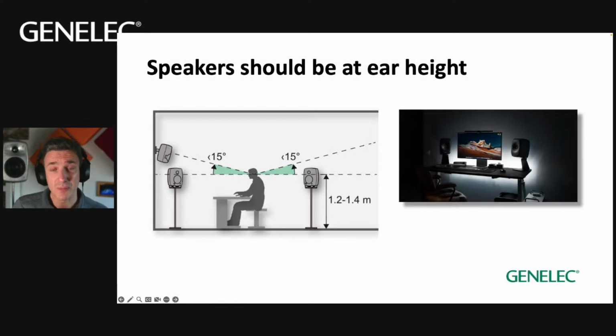In general, speakers should be at ear height for obvious reasons. So the acoustical axis should be at ear height. And you can go a little higher. This is sometimes useful, for example, to get some distance to reflective surfaces like consoles or also desks. But just make sure that you don't get higher than, let's say, around 15 degrees, because you will realize that, of course, our imaging is the best usually on eye level, because this is also the construction of our ears.